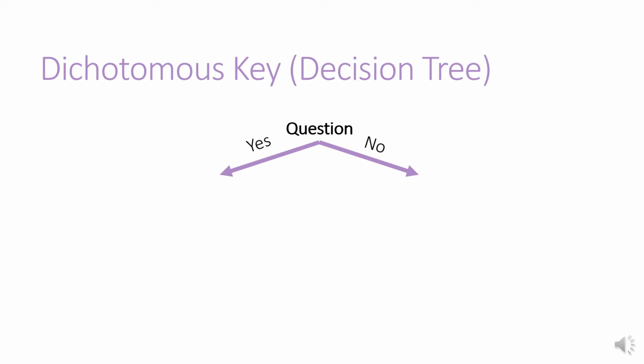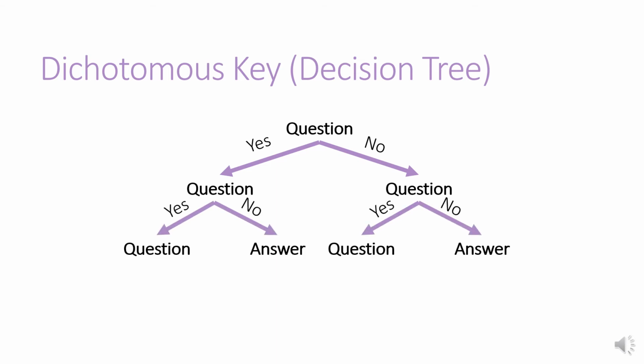Now, if we say yes to a question, it's going to lead us in one direction, and if we say no, it leads us in a totally different direction. Typically, either of those answers will lead us to a new question, but they'll lead us to different questions from each other. This new question is part of a dichotomous key, so it typically has two possible answers of its own: yes, no, true, false, inside, outside.